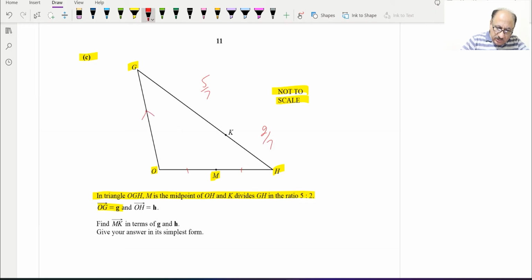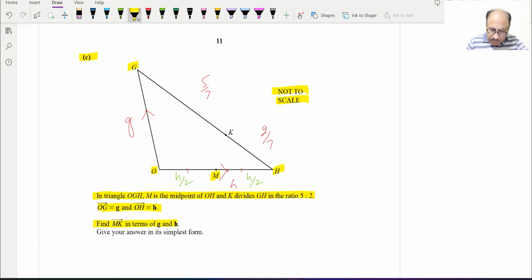OG is this one, and this side is equal to g, and OH is this side, and this is equal to h. So this will be h by 2, and this will also be h by 2. OM is h by 2, and MH is also 1 by 2 of h. So we incorporated this information.